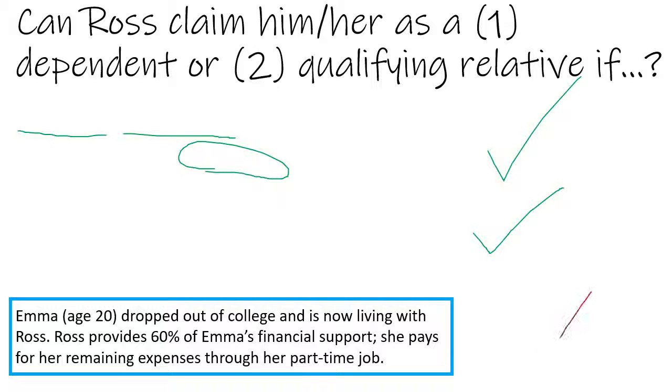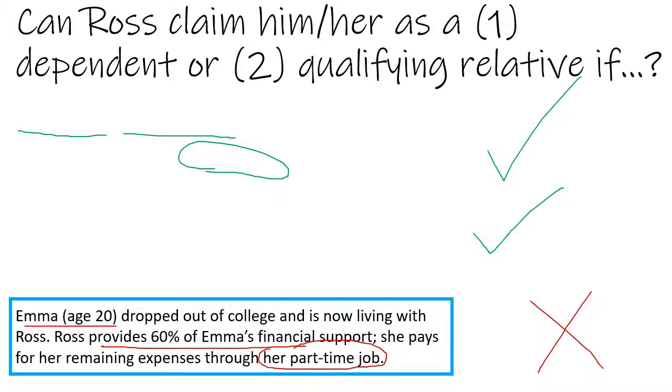The answer is no, alas. Emma has aged out of being able to be claimed as a dependent because she's dropped out of college. Ross does provide more than 60% of Emma's financial support, but without knowing what Emma earns from her part-time job, we can't determine whether or not he can claim her as a qualifying relative.